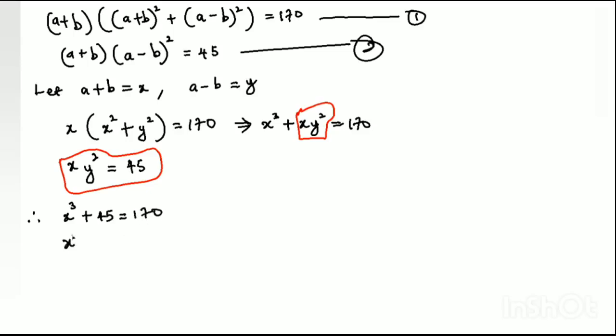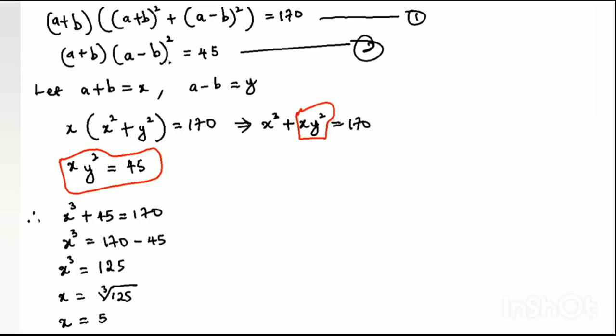Taking like terms, I will have x cubed is equal to 170 minus 45, and this is going to give us 125. So taking the cube roots on both sides, x is equal to the cube root of 125, so this is equal to 5.